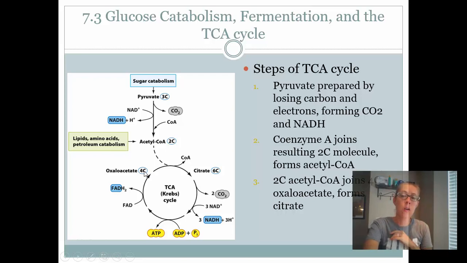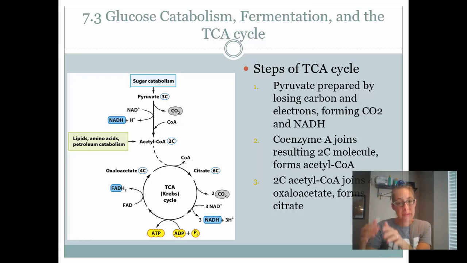Oxaloacetate is a 4-carbon molecule. So we join that 4-carbon oxaloacetate with our 2-carbon, and the acetyl-CoA drops those 2 carbons off. And so then we have this 6-carbon citrate that we are going to begin breaking down.